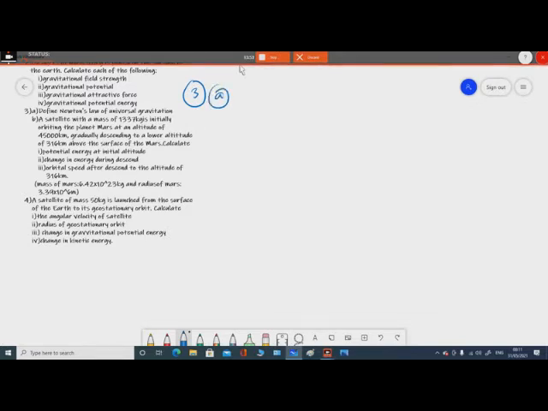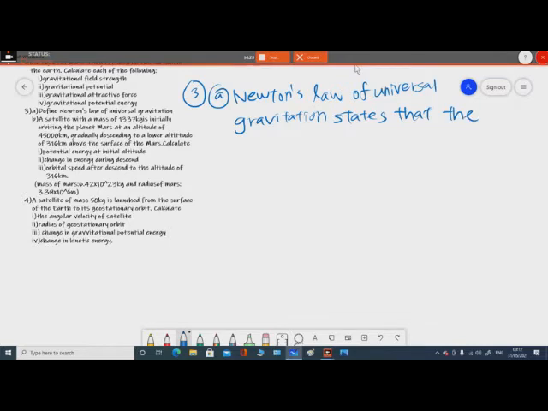As we discussed in the previous video, Newton's law of universal gravitation, the name is quite long, states that the gravitational attractive force.